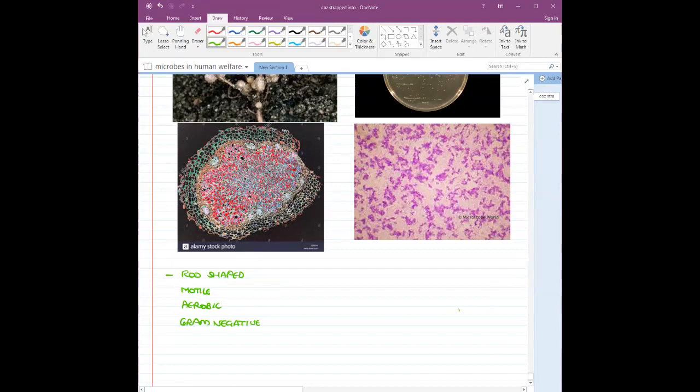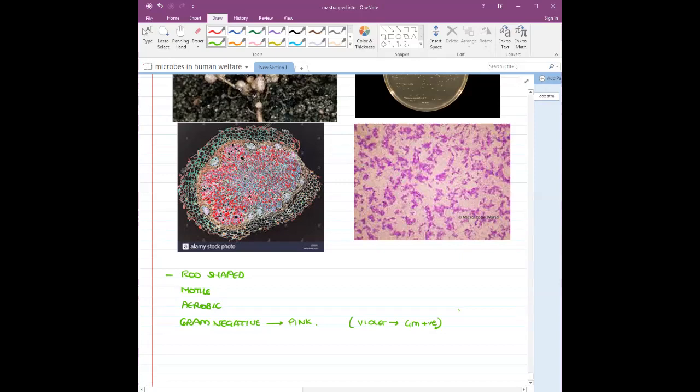We have an entire staining process called gram staining. Those that appear pink are gram negative, and those that appear violet are gram positive. This is the basic difference between bacteria.